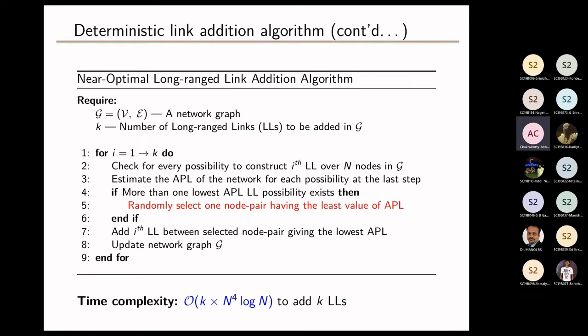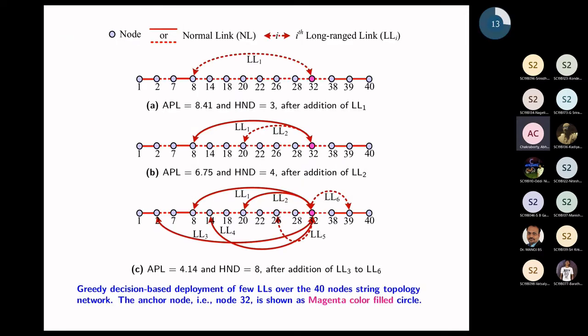So let us see what happens if we use this near-optimal approach, where we add links sequentially, one by one, in a string topology network, to make this network more robust and optimize the average path length value. Here we can see the average path length is gradually reducing very drastically with respect to random link addition.